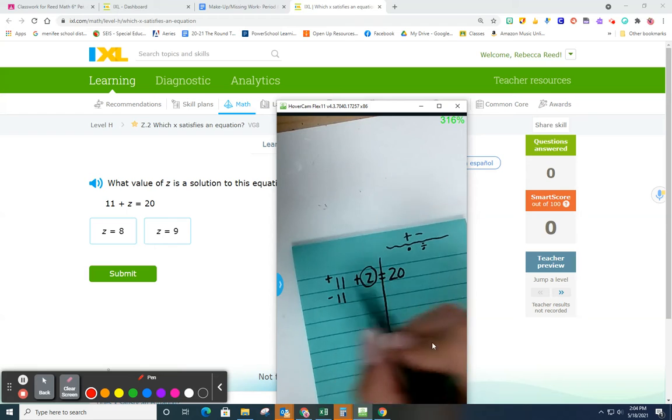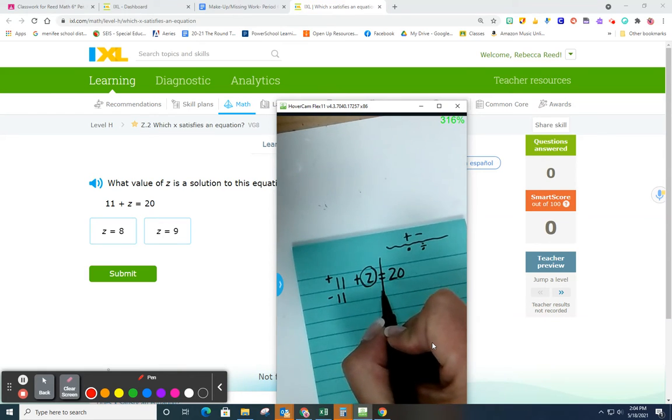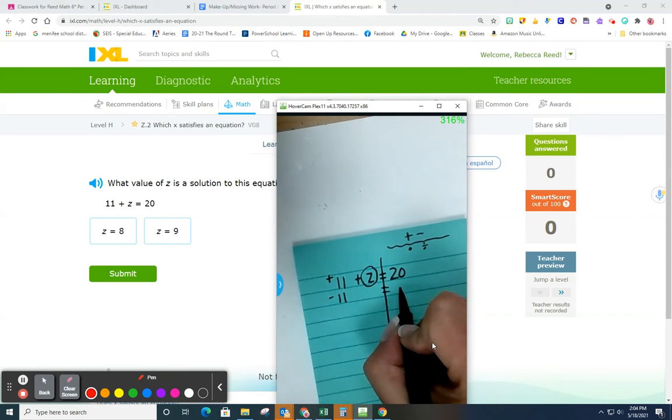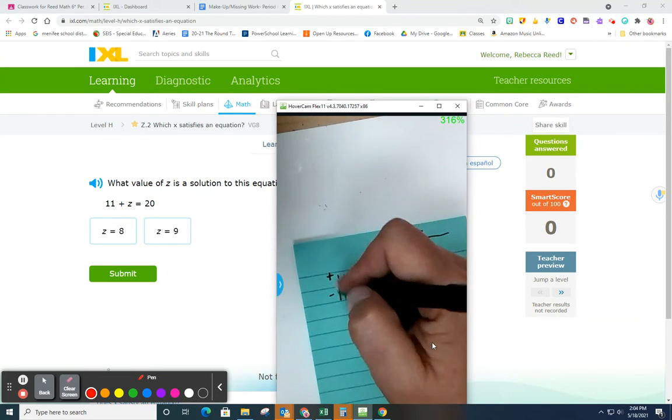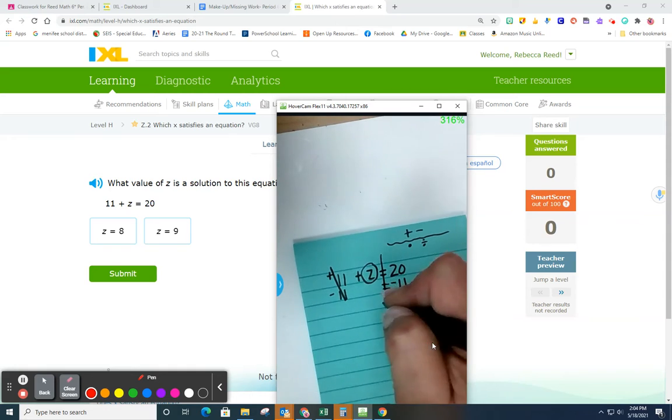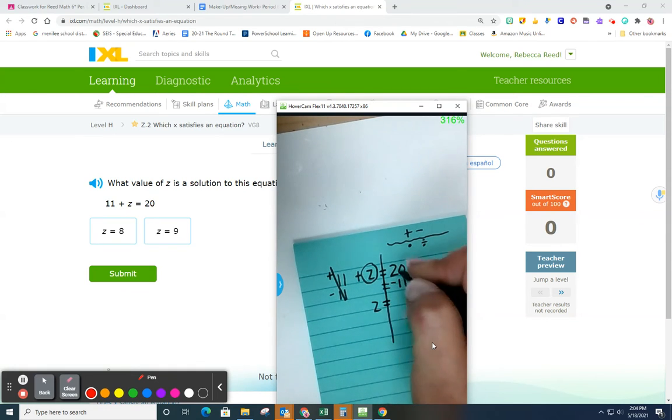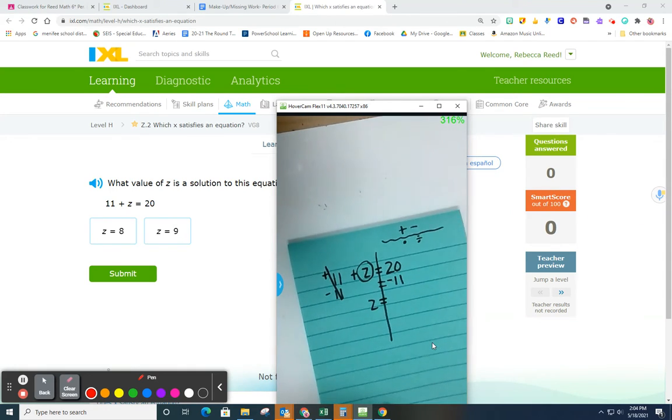And whenever we're working with equations, what we do to one side of our equal sign, we have to do to the other to keep our equation balanced. So this cancels itself out, and I get my z all by itself, 20 take away 11.